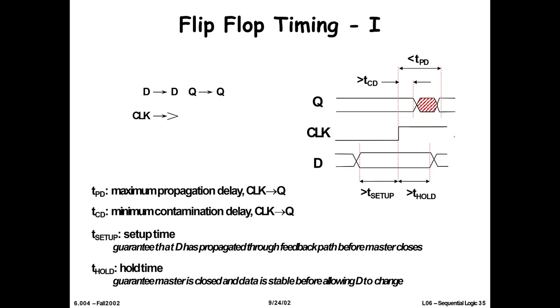So, summarizing, we have these 4 timing constraints on our memory elements: TPD, TCD, TSetup, and THold.